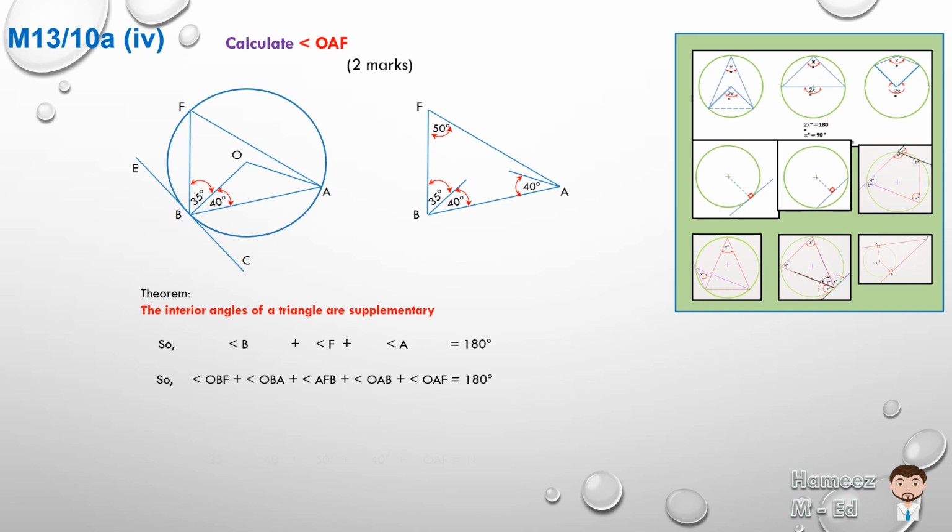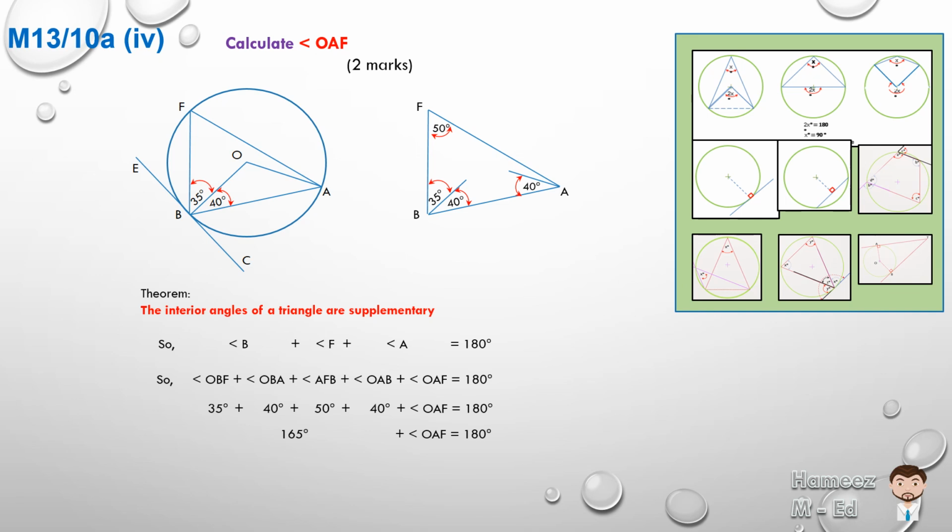So let's substitute. Angle OBF is 35 degrees plus angle OBA is equal to 40 degrees. Those 2 were given before in the diagram originally. Angle AFB we worked out to be 50 degrees. And angle OAB, which was part of the isosceles triangle, was 40 degrees. Plus angle OAF is equal to 180 degrees. If we add up those 4 angles, it will give us 165 degrees plus angle OAF is equal to 180 degrees.